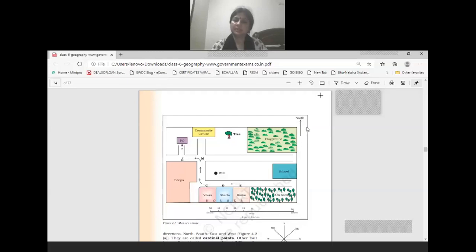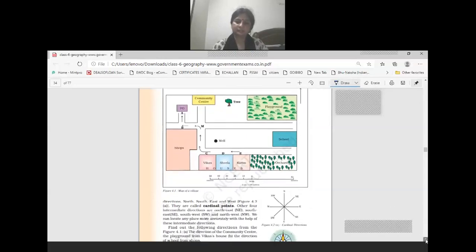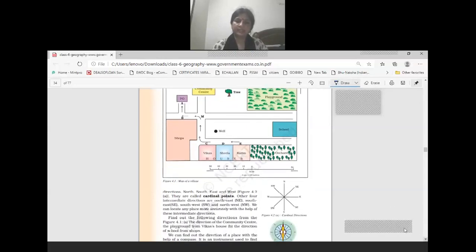This direction will be east, and this will be the west. Okay, so now north, south, east, and west. And then we have also discussed that other than these four cardinal points, these are called cardinal points: north, south, east, and west.